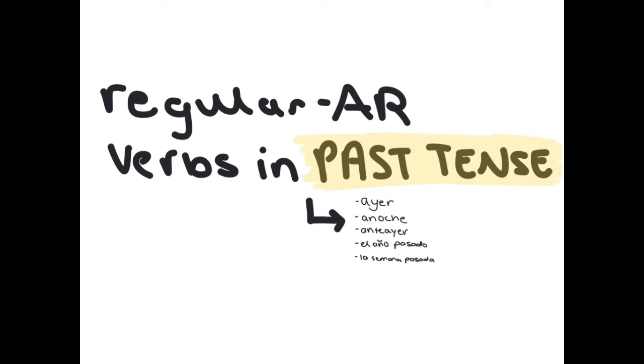So, ayer means yesterday, anoche means last night, anteayer means the day before yesterday, el año pasado means last year, la semana pasada means last week, and these are just some keywords that let you know that you're working in the past tense.